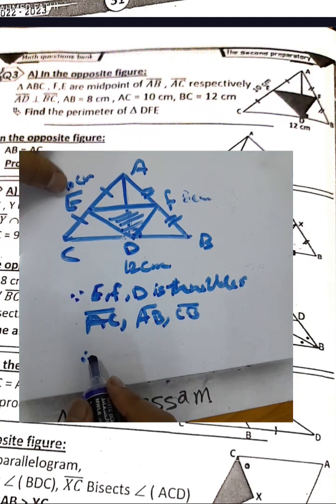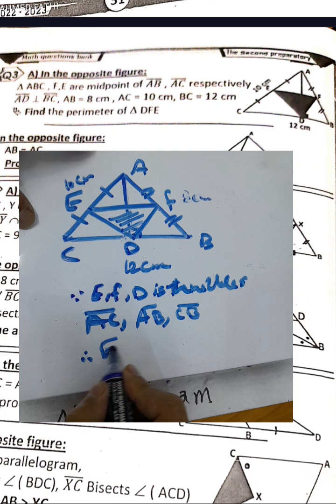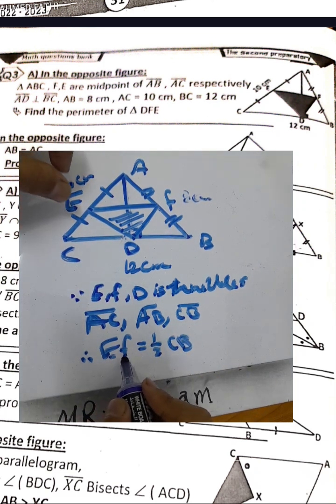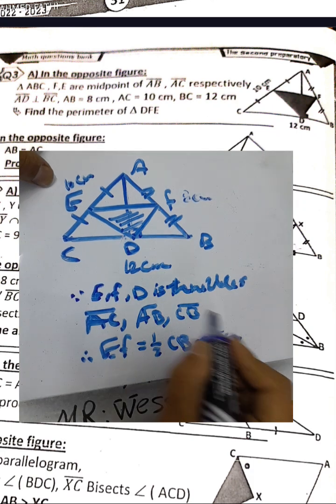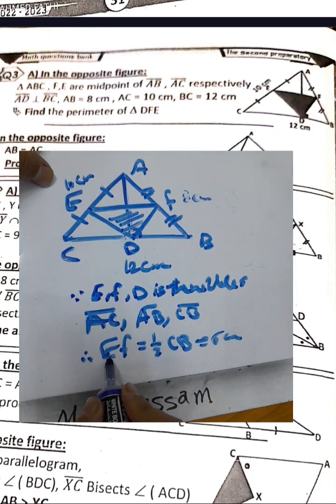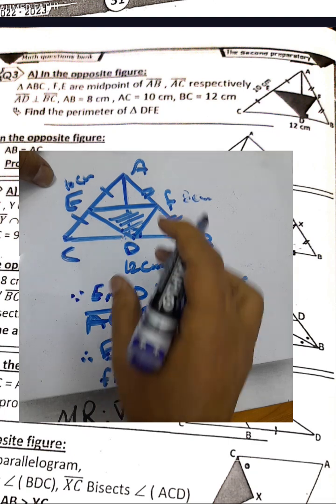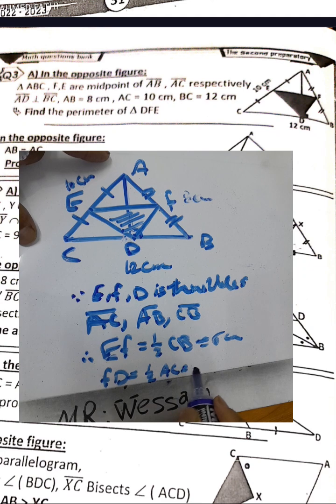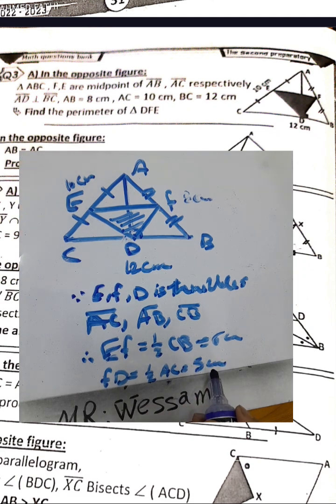Then you can write EF half of CB, it will be 6 centimeters, 12 divided by 2, 6. And FD half of AC, half of 10 will be 5 centimeters.